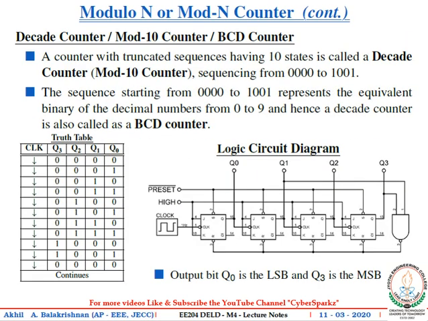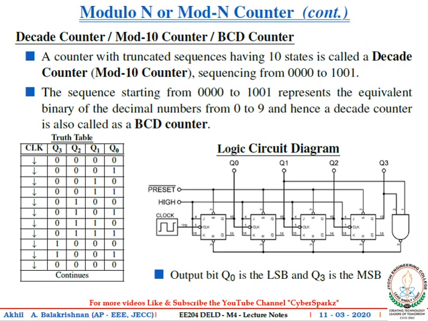Now let us take an example for a modulo n counter. We are going to design a counter which has 10 states. Since the counter has 10 states, it is also called a decade counter or mod 10 counter. The counting sequence is from 0000 to 1001.